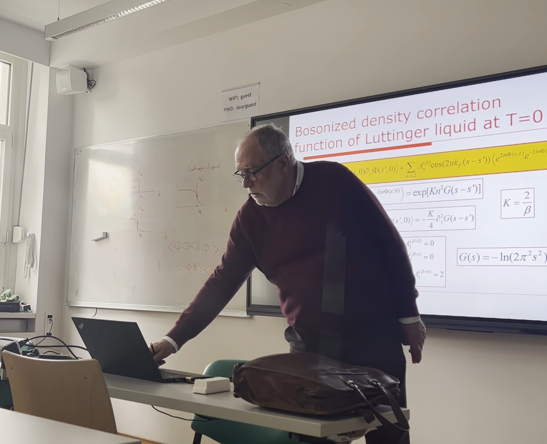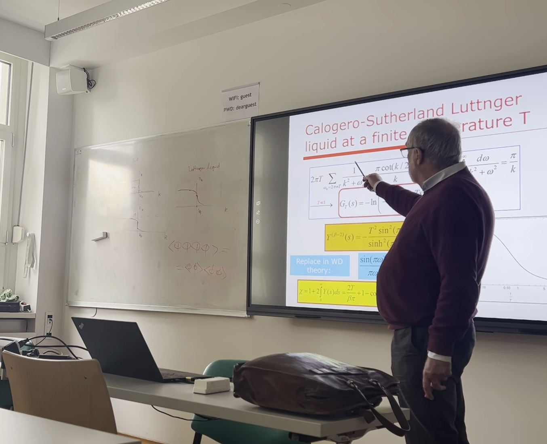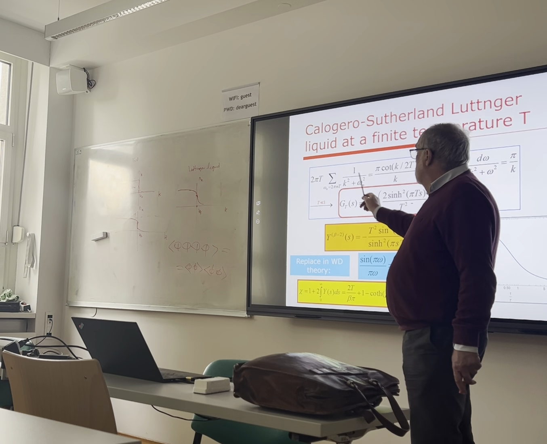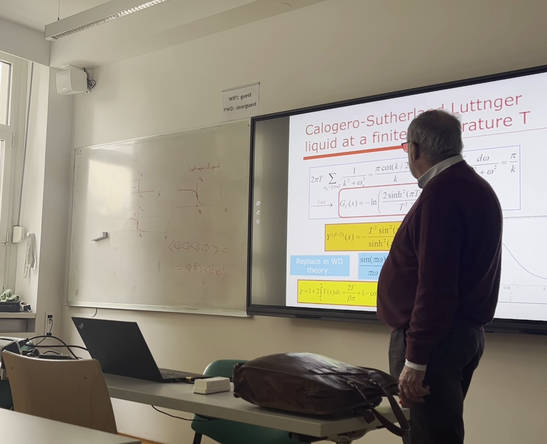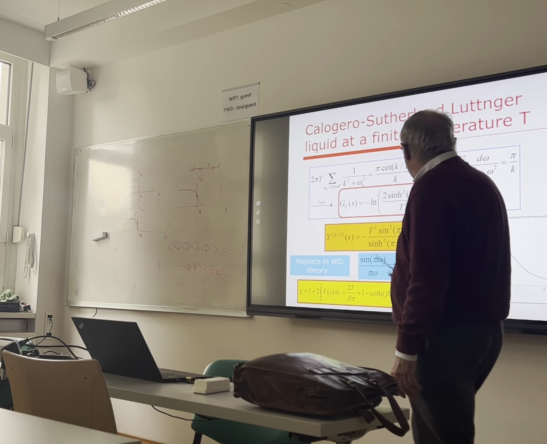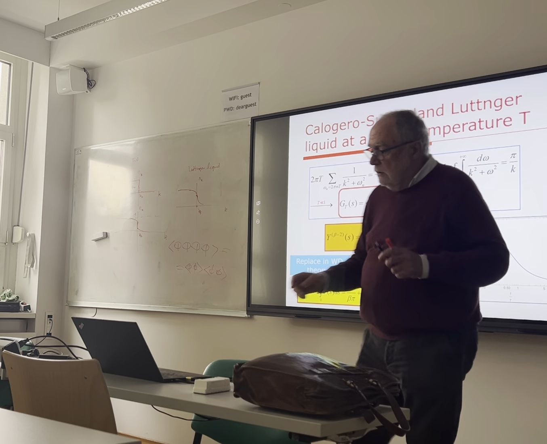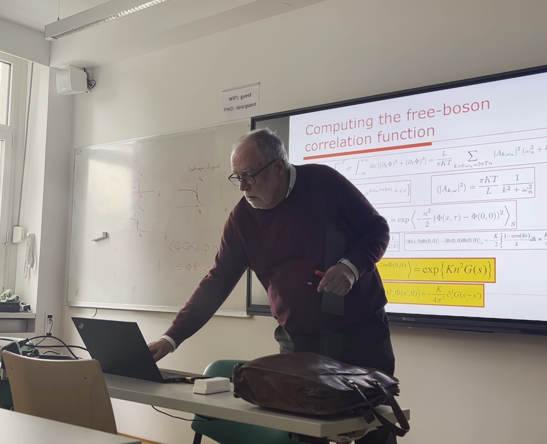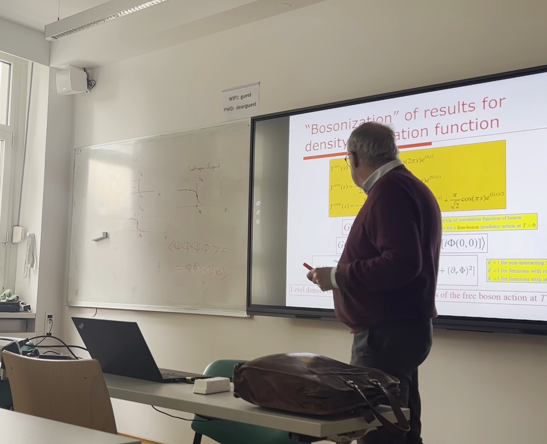Because when we calculated, we computed the integral of that instead of the sum. But the question is, I am just curious, what happens in this theory when the temperature is non-zero?